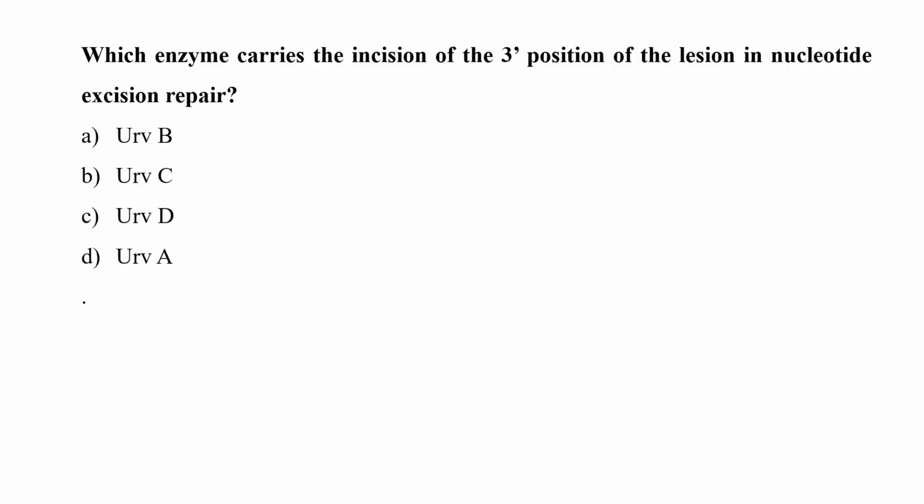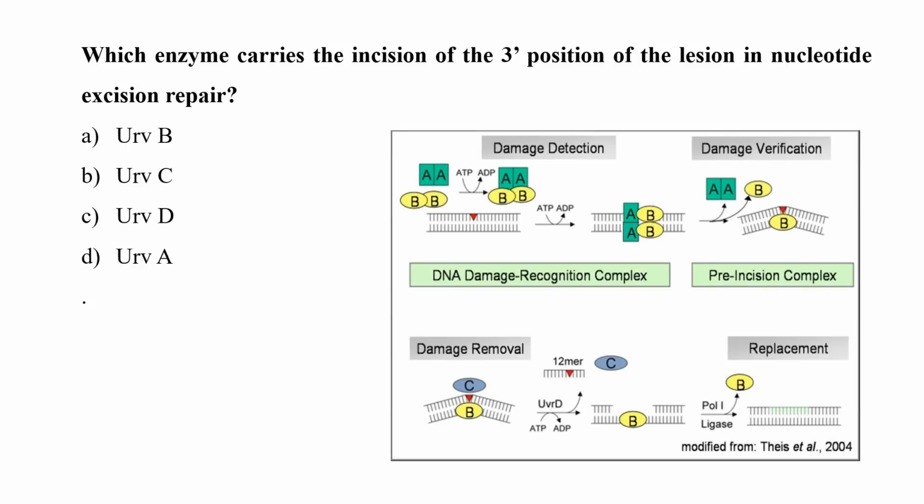Let's understand the steps. Once radiation causes pyrimidine dimer formation like thymine dimer, it is recognized by the UvrA and UvrB dimer complex. Once recognized, the DNA wraps around UvrB. Then UvrA leaves the place.